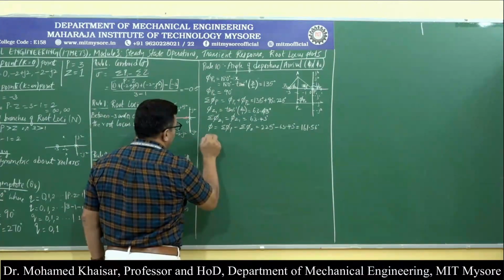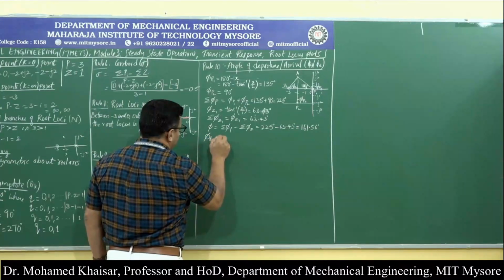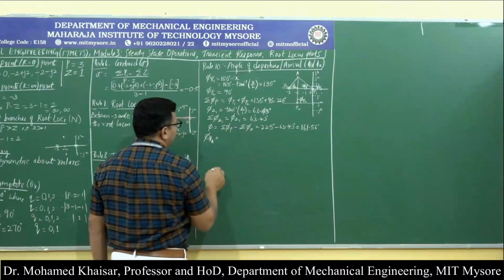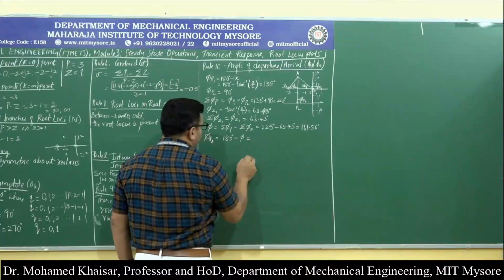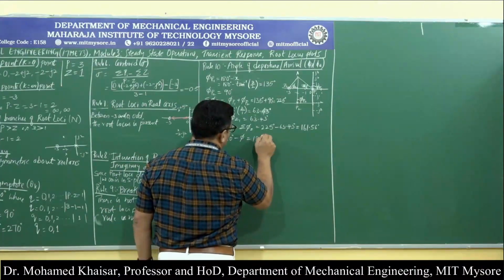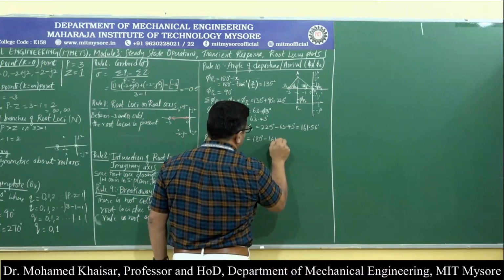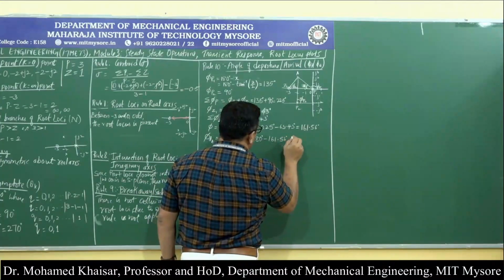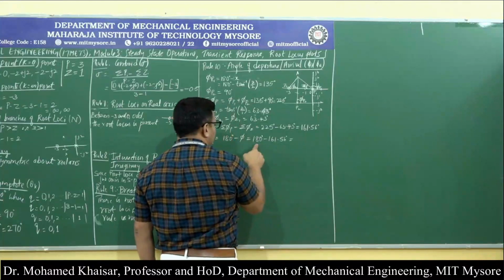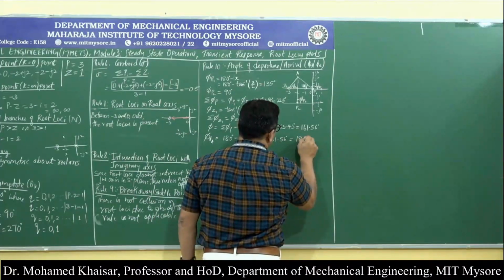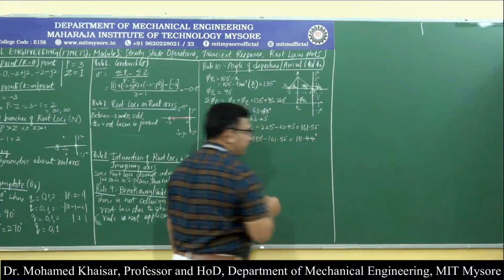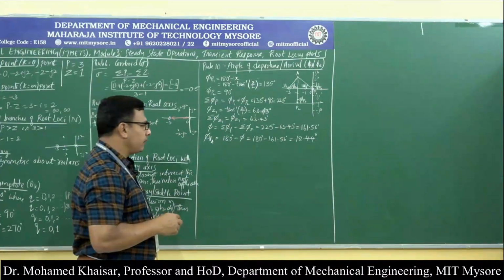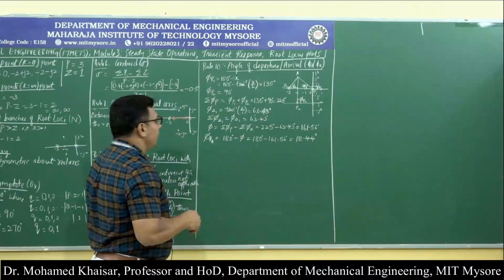Therefore, the angle of departure of pole A is given by 180 degrees minus phi, which is 180 degrees minus 161.56 degrees, which is 18.44 degrees. This is positive.